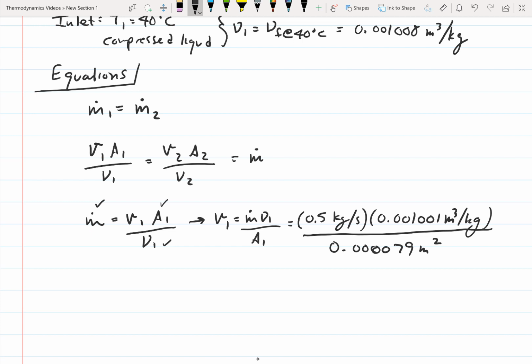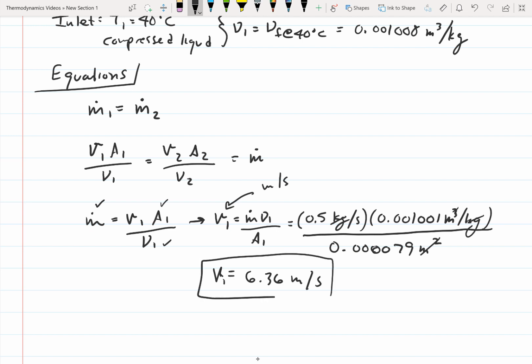Let's make sure everything cancels out correctly. Since we're looking for a velocity, we want meters per second. The kilograms cancel, and we're left with meters per second, so this is correct. The velocity at the inlet is equal to 6.36 meters per second.